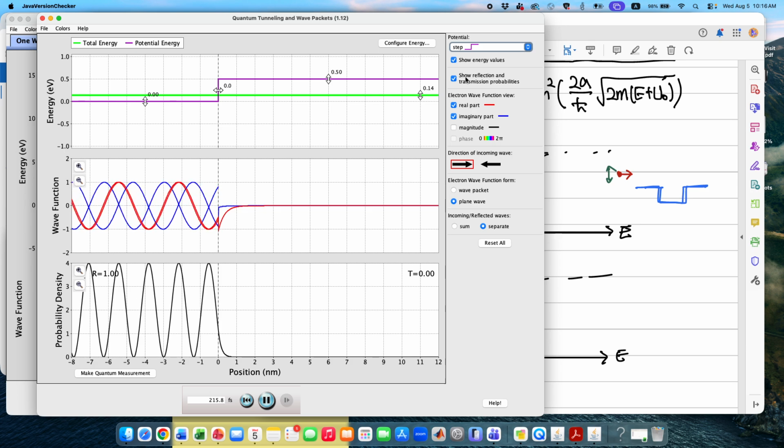That's so obvious. But for this quantum mechanics concept, for a nanoscale object, the probability right after the wall is non-zero. What does it mean? If you send many electrons against the wall, there's still some chance that an electron will be found after the wall. Does that make sense? Because this one is non-zero.